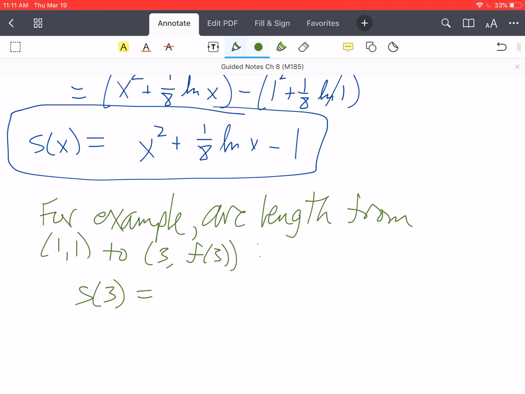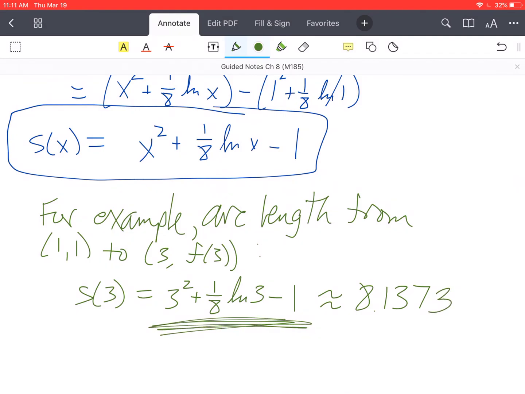So s of 3 would be 3 squared plus 1/8 ln of 3 minus 1, which if we were to use technology, we would get as approximately 8.1373. That would tell us the arc length starting at 1, 1, always, going up to 3, comma f of 3. We could do this from 1, 1 to really any point along this curve, and if we wanted to do it for any other starting point, then that just changes how we evaluate the integral. Just pick different bounds to start.